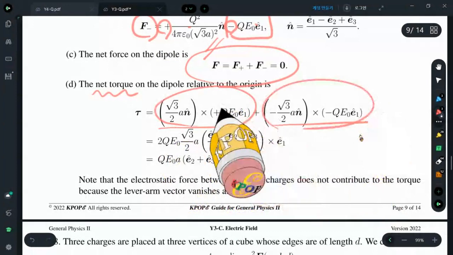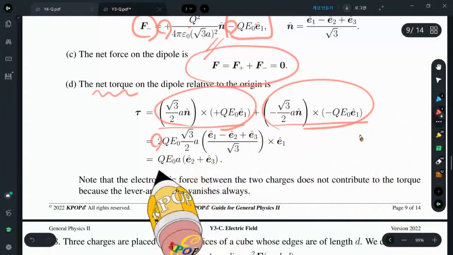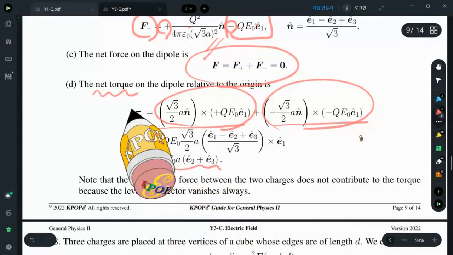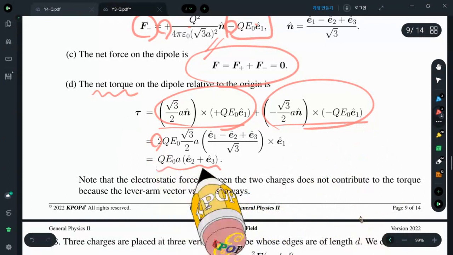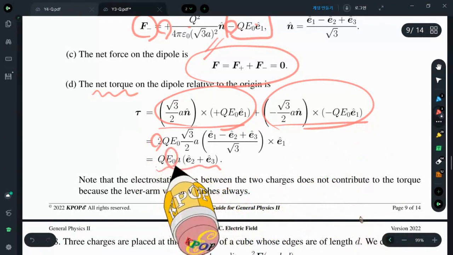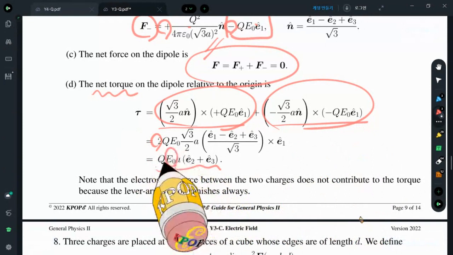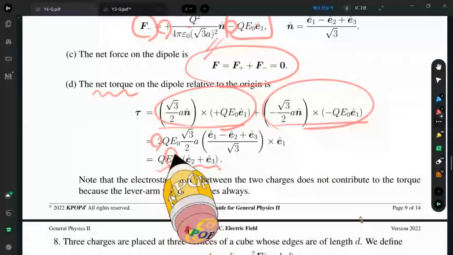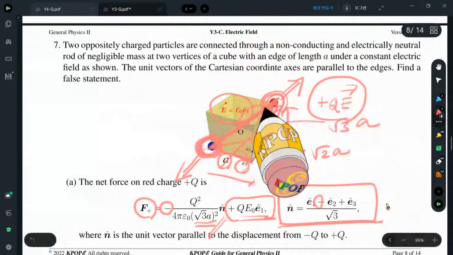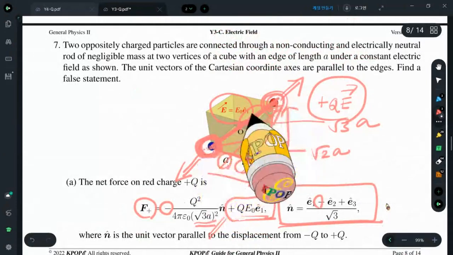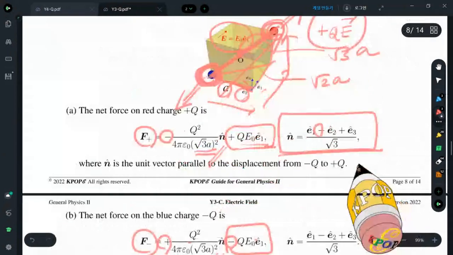They are the same, so they add up by a factor of 2. The final value for the net torque on this electric dipole is non-vanishing. We see the contribution comes only from the external electric field, and there is no contribution from the mutual interaction due to the electrostatic force between the two charges.